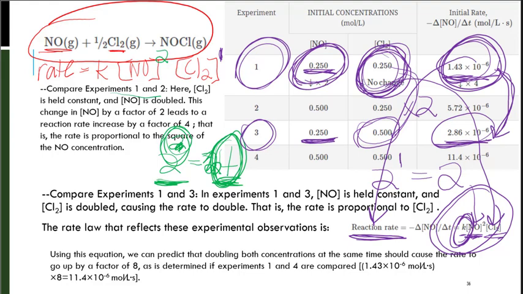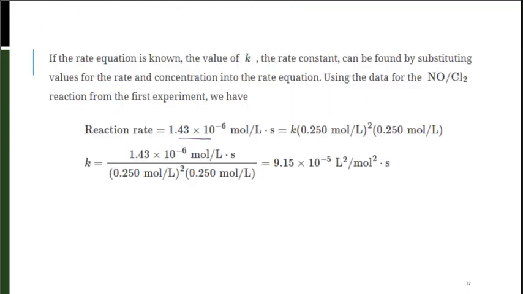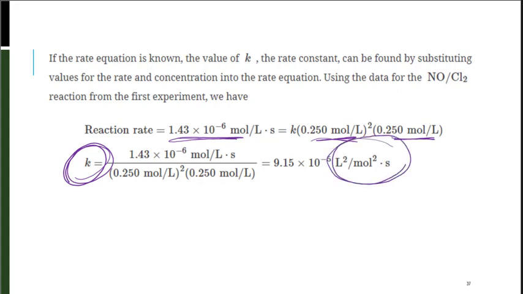So my only unknown is k. If I plug in my reaction rate for 1 and my concentrations, I solve for k, and I would get 9.15 times 10 to the negative 5th. And for a third order reaction, my units would be liters squared over moles squared per second.